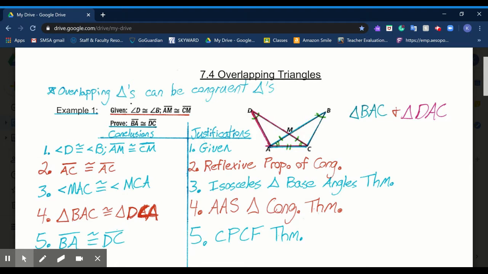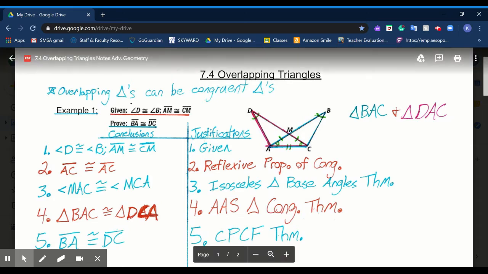So looking at the two larger triangles, I can prove this angle down here, BAC, and this angle down here, DCA, are congruent because of the isosceles base angles theorem, or MCA and MAC in this case.